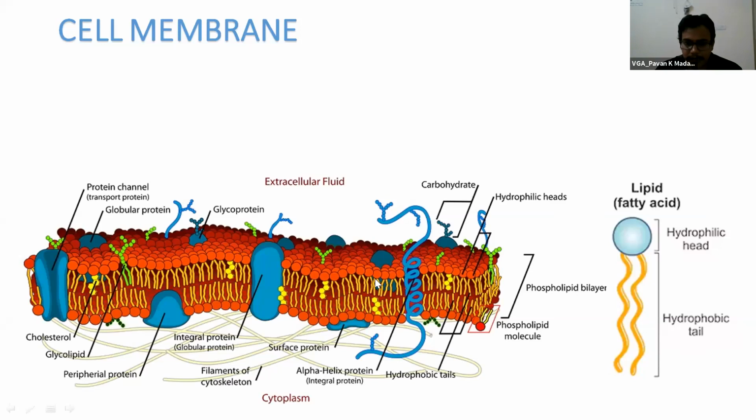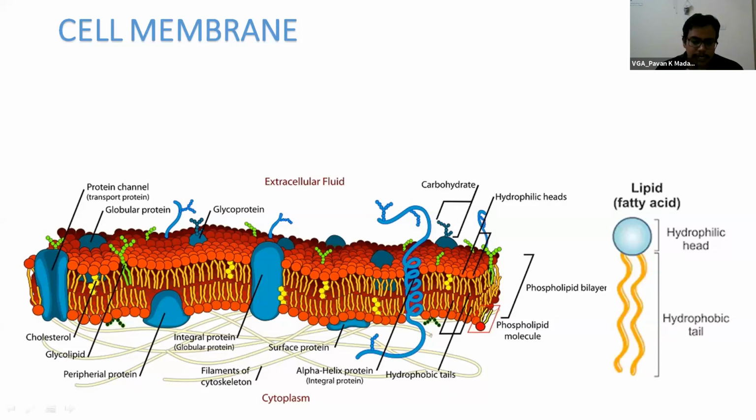Because of their hydrophobic nature, the tails are present facing each other. The head is hydrophilic, meaning water-loving, so it is present towards the solvent. The hydrophobic tails hide themselves from the water molecules, or from the solvent.